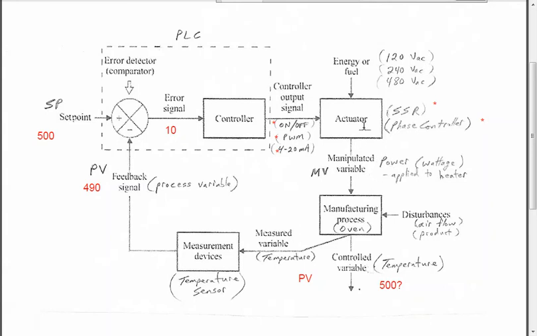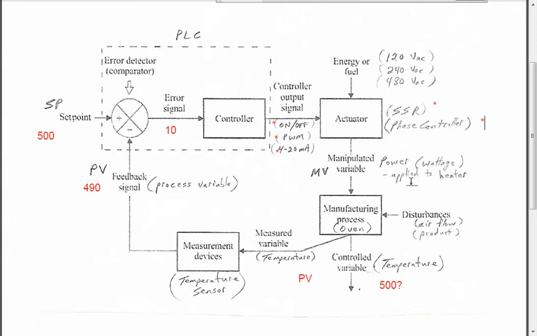So the actuator could be either phase controlled or pulse width modulated to deliver maybe 50% of that power, or 0%. So anywhere from 0 to 100% in this case. And you could put limits on that. You could say it can vary between 20% and 80%, or whatever you want. But there's your actuator. It's going to create a manipulated variable.